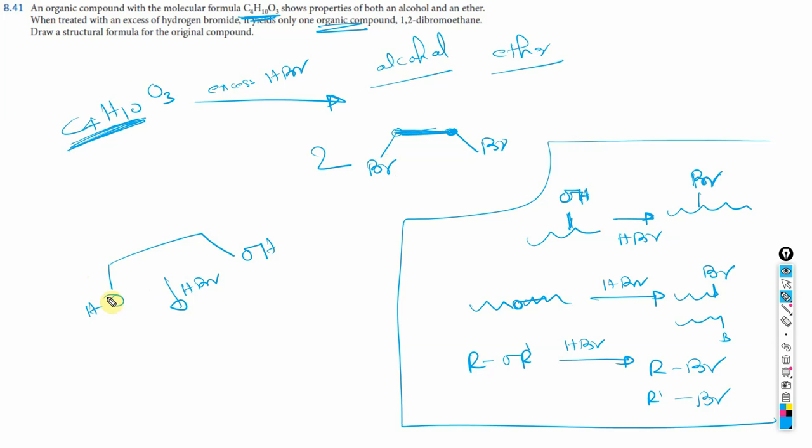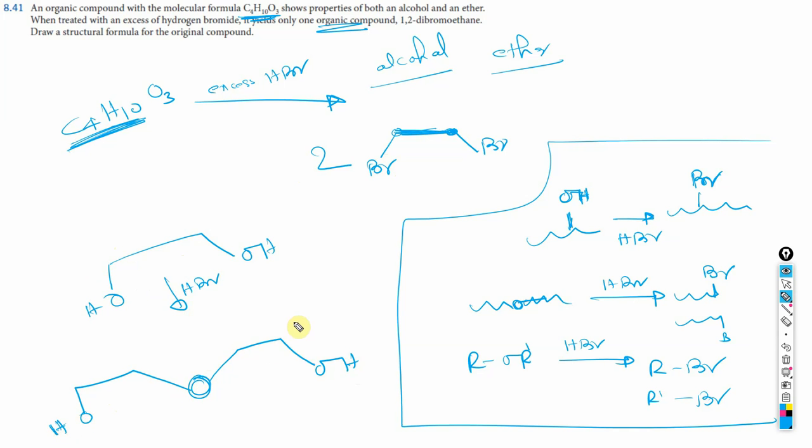Therefore the only other way is to connect 2 of these ethylene glycols and make it into an ether, pretty much like this, where you have an oxygen and on one side you have an ethylene glycol unit. This is an ethylene glycol without a hydrogen, and connect this to another ethylene glycol unit on this side.